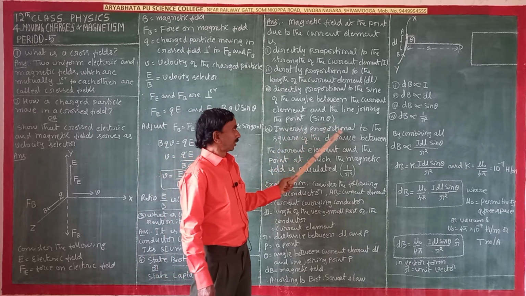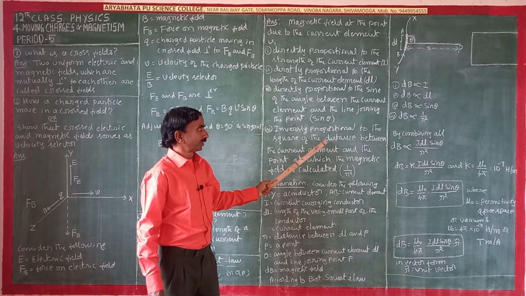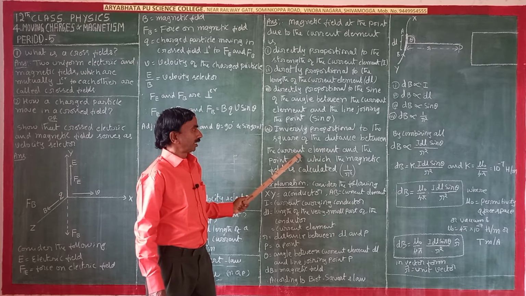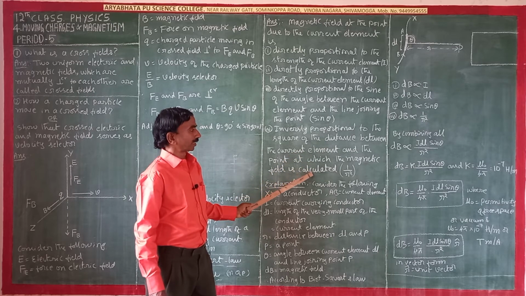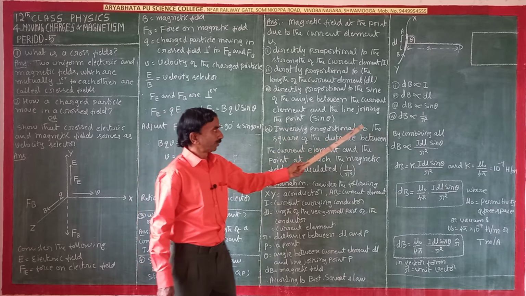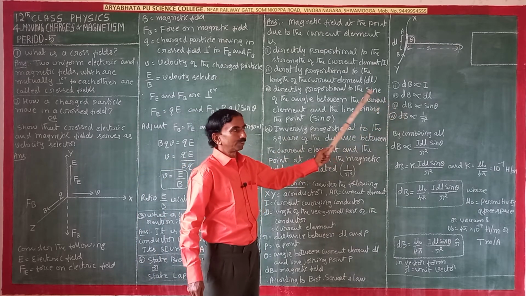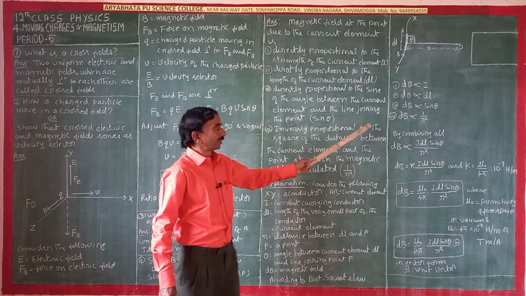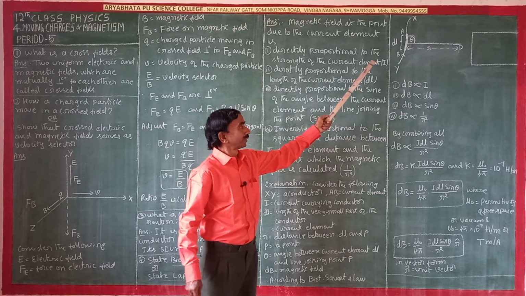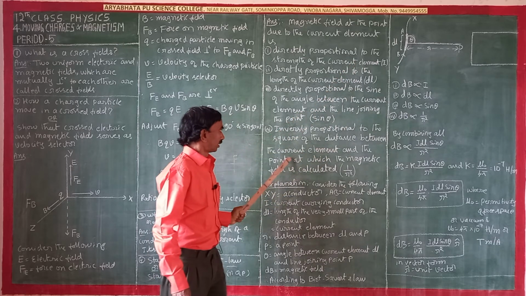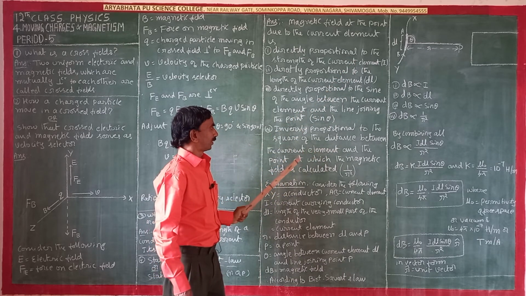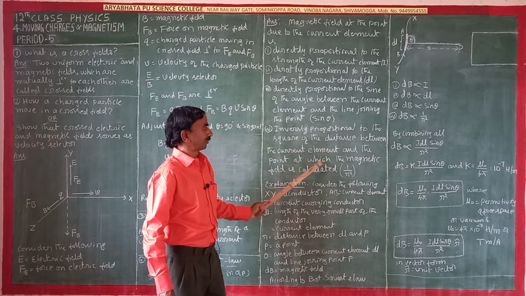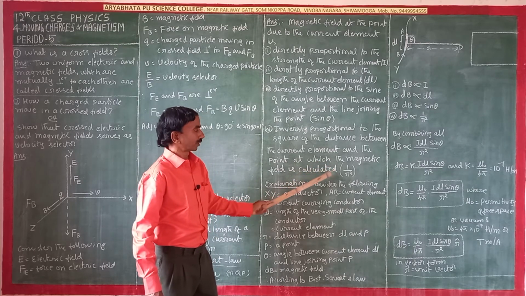Inversely proportional to the square of the distance between the current element and the point at which the magnetic field is calculated, that is, 1 by r square.